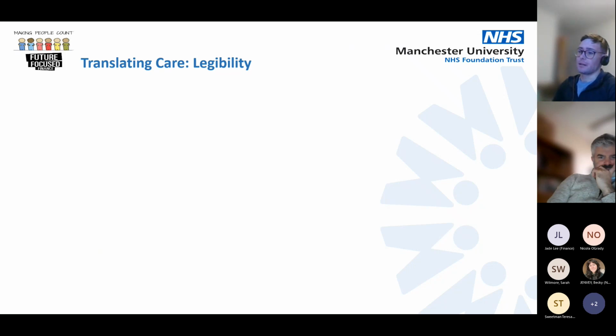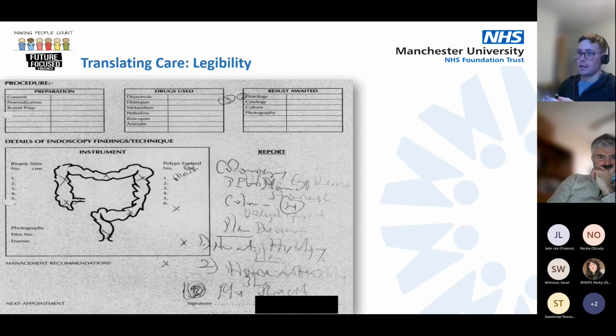But that doesn't mean that you don't often get some that are illegible. So here's an example of an endoscopy report that's just illegible. It can't be used. If you were reading this, you can make out the odd word.